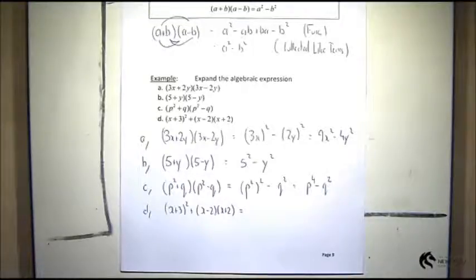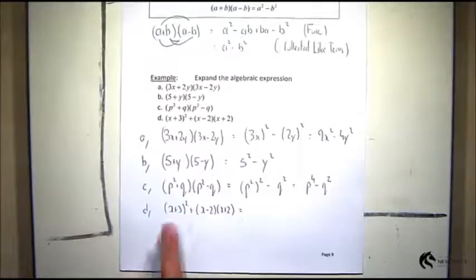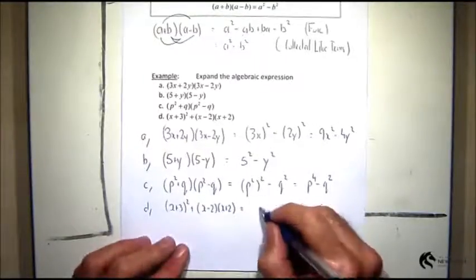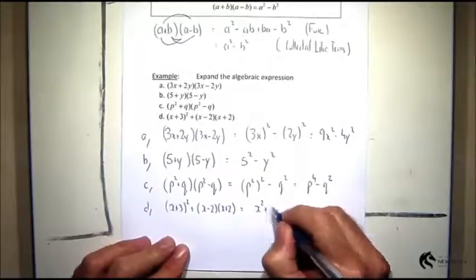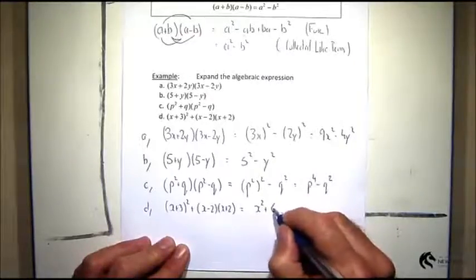Now the x plus 3 all squared, we come over here and recognise that as the square of a binomial. So to expand x plus 3 all squared, I'm going to use that formula over there. And it will be x squared plus 2 times 3, which will be 6x.